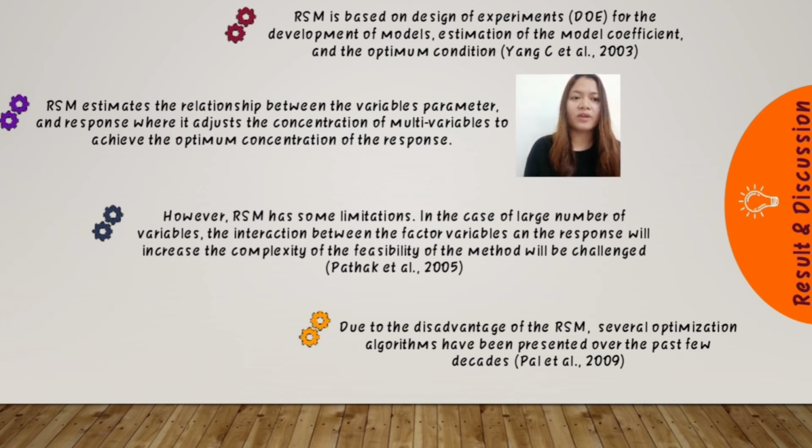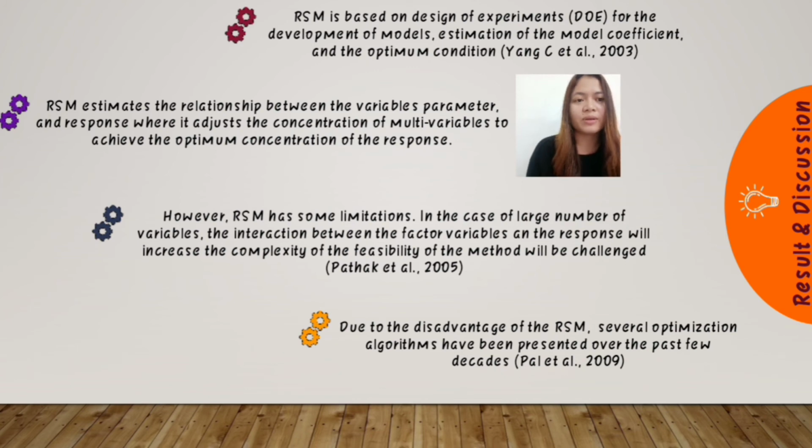In the case of a large number of variables, the interaction between the factor variables and the response will increase the complexity, and the feasibility of the method will be challenged, according to Pata 2005. Due to the limitations of RSM, several optimization algorithms have been presented over the past few decades.